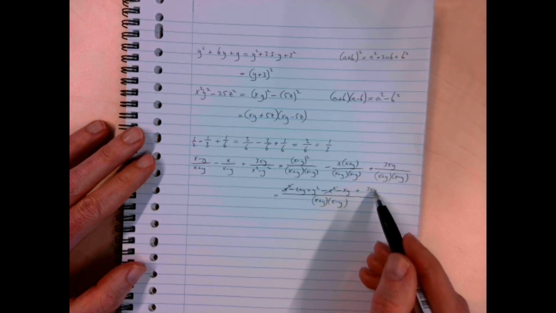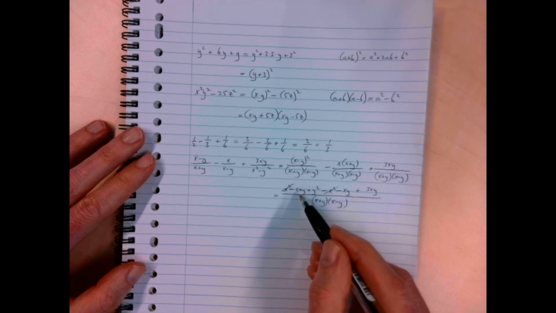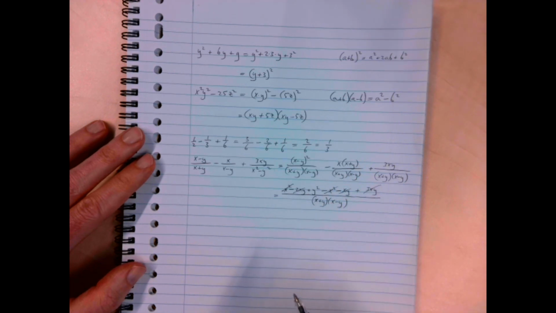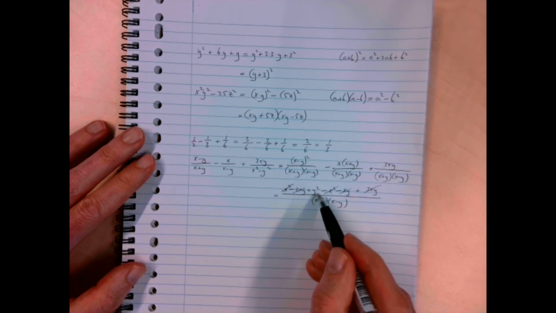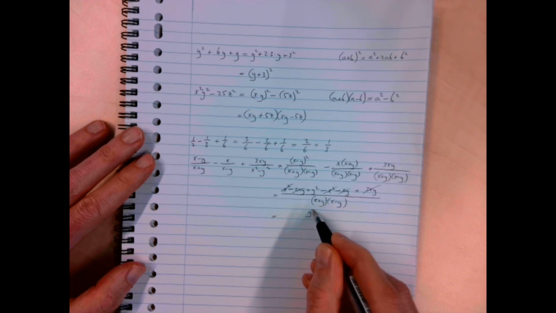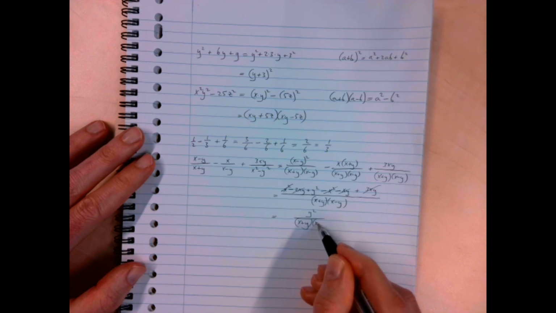If I add to that plus 3xy, those terms cancel as well. And the only thing that remains is this y squared, divided by this denominator, x plus y times x minus y.